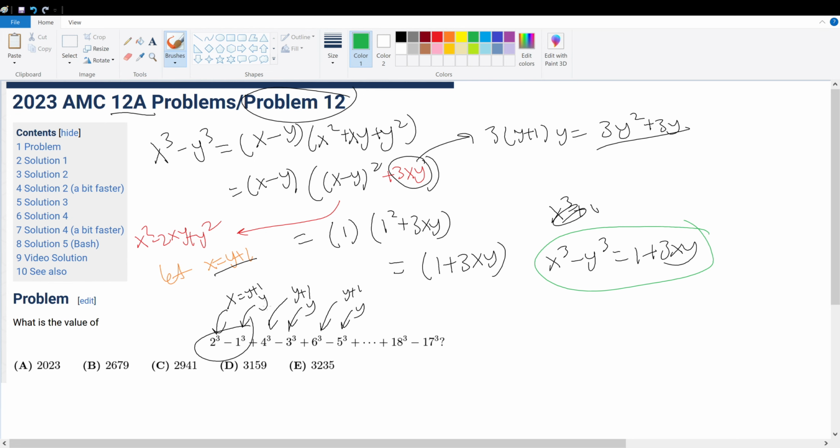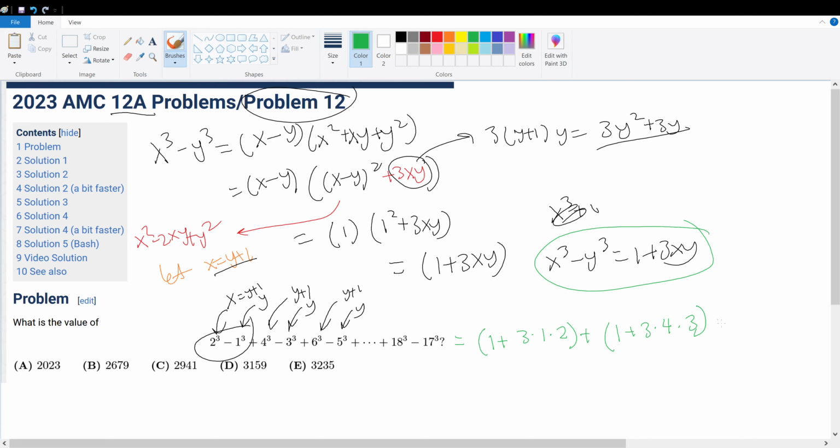Alright, now let's plug it in and see what happens. This is equal to 1 plus 3 times 1 times 2, plus 1 plus 3 times 4 times 3.